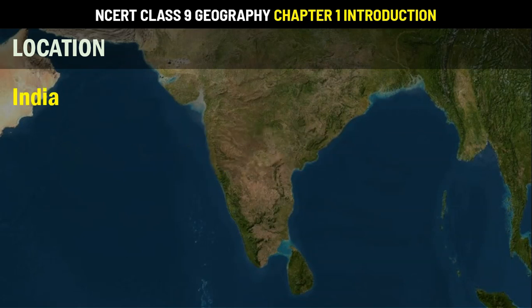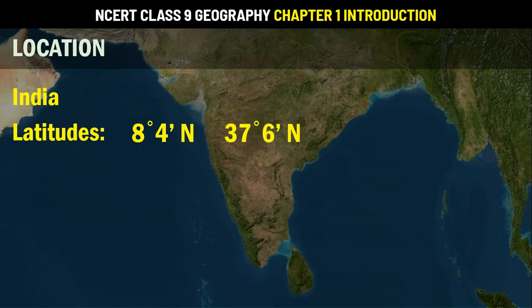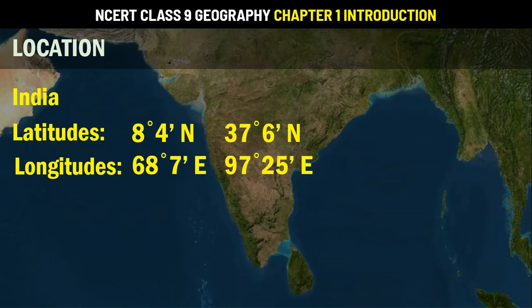So India. Now let's understand the latitudes and longitudes of India. India is marked at the latitudes 8 degrees 4 minutes north to 37 degrees 6 minutes north. Longitudes are from 68 degrees 7 minutes east to 97 degrees 25 minutes east.